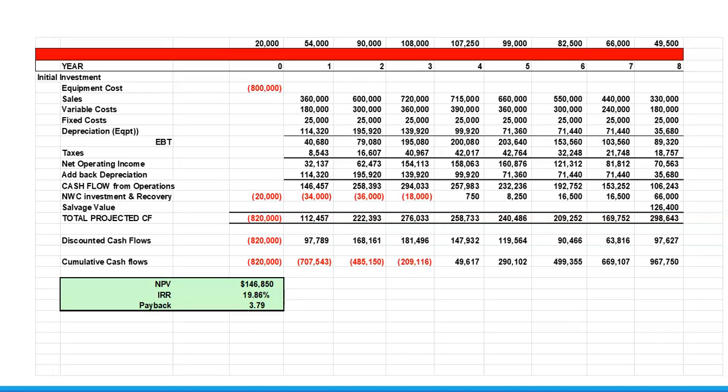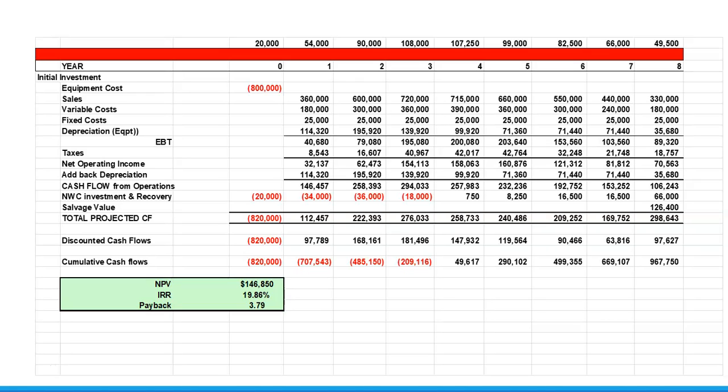We then use our projected units and our sales price and our variable cost price to project out an income statement. The depreciation amount is the cost of the equipment, the $80,000 times the MACRS rates.